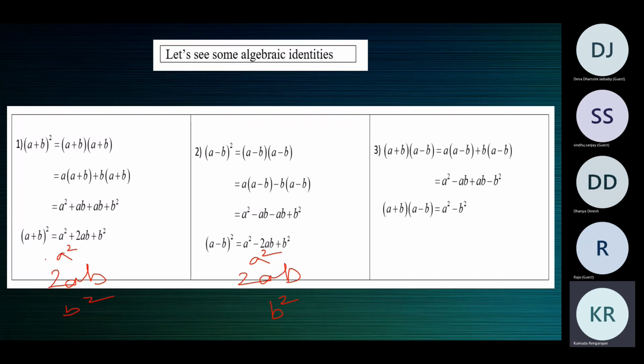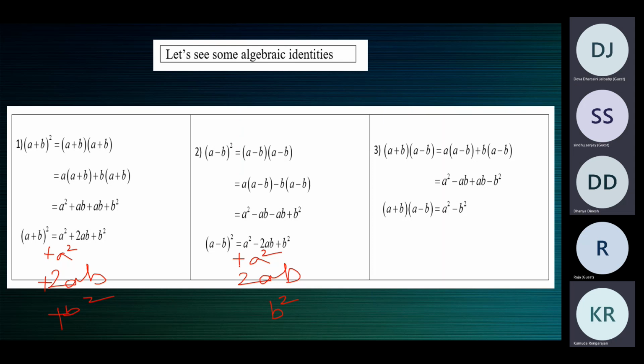The sign is before the term, not after the term. If you don't see any sign, it's a positive sign. A is plus A square. What about 2AB? Plus 2AB. What about B square? Plus B square. Yeah, here, what about A square? Plus A square, ma'am. What about 2AB? Minus 2AB.